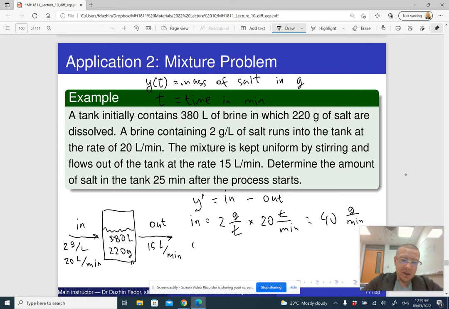Now, the outflow is a bit more complicated, but the idea is the same. It is going to be the concentration of salt times the strength of the flow. The concentration of salt is actually the mass of salt divided by the volume, times the outflow, and the outflow we know is 15 liters per minute.